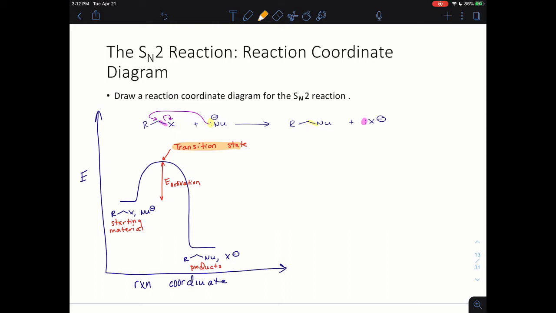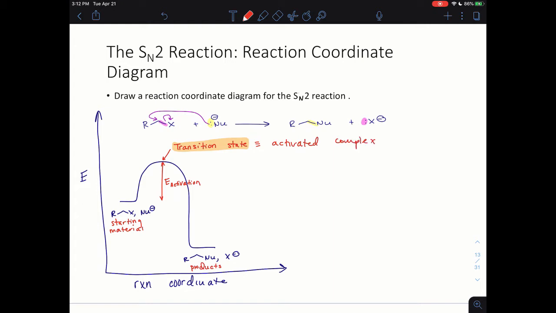We start with the alkyl halide and the nucleophile. They start to come together to make this bond. Energy goes up, up, up, up, up, until you get to the energy maximum, which is the transition state. All right, so that's our transition state: whatever species has the highest energy along the reaction coordinate. Sometimes this is called the activated complex.